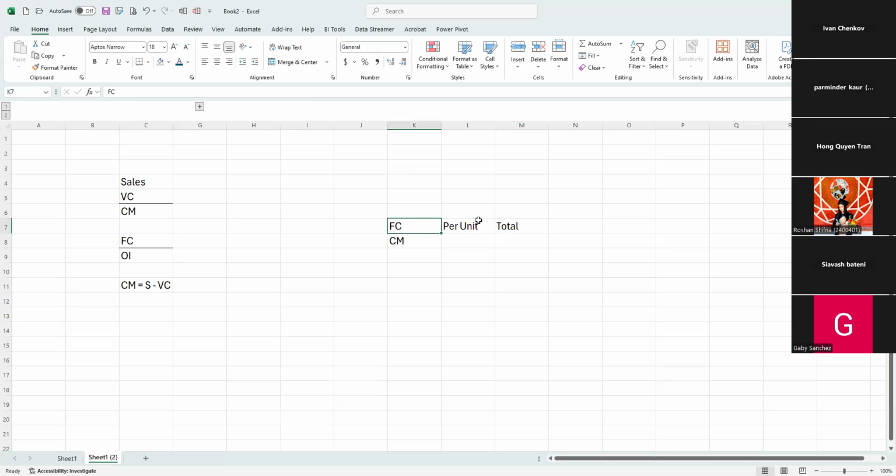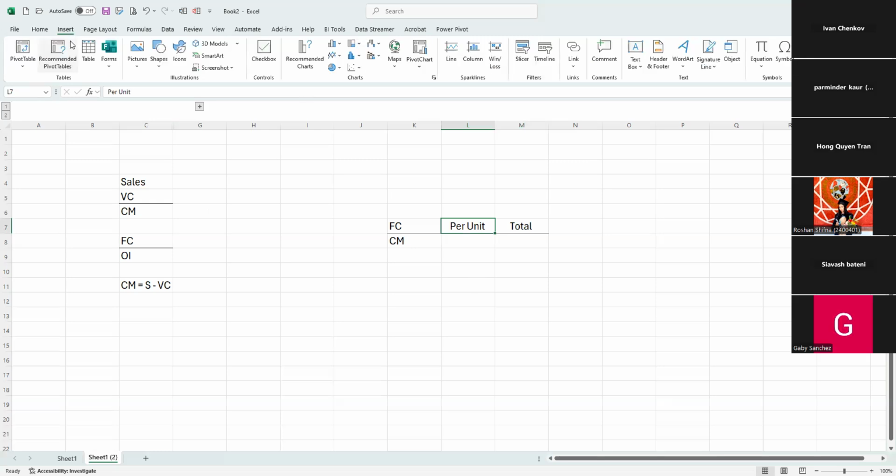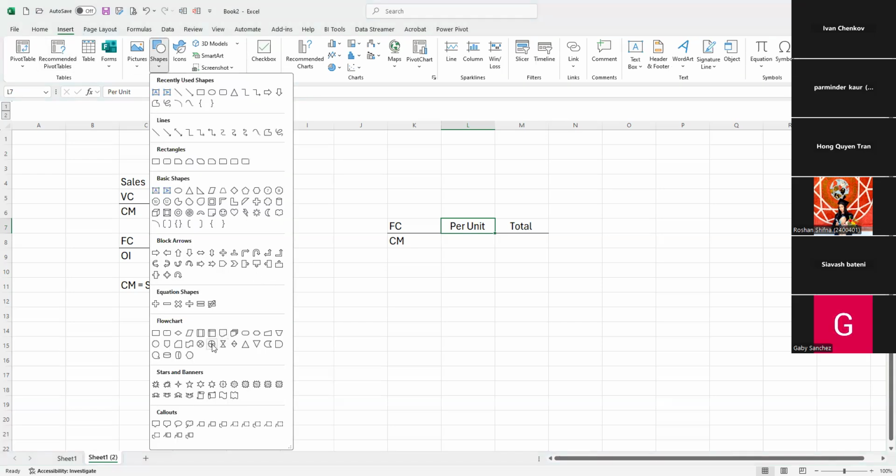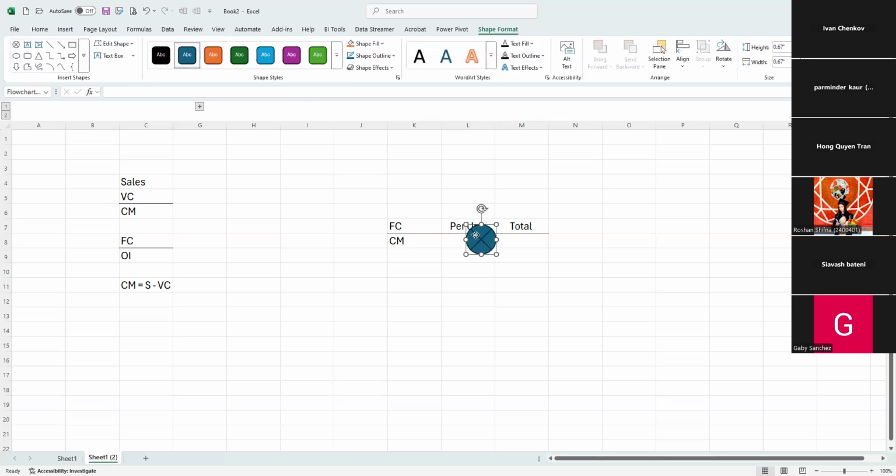If I play with the fixed cost per unit, is that going to help me? What do you think? If I play with the fixed cost per unit, is that going to help me to get the break-even? No. So this is no here. Where will be the cross to cross it? Is there any cross here? Let's go with this one. This one is totally no. I won't be able to play with this.